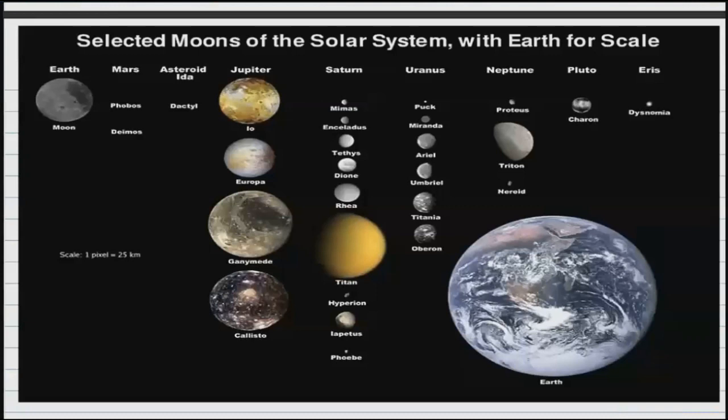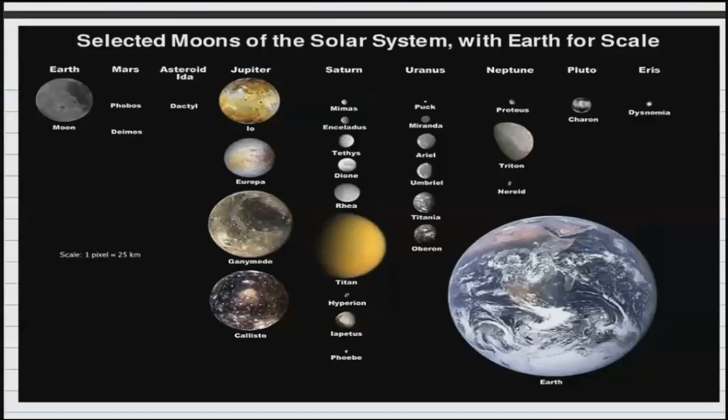And they detected for the first time waves on these oceans of methane. So this is the first time that waves have been observed on a body other than the Earth. The large satellites of Uranus, Neptune, and Pluto has a satellite, Charon, and Eris also has a small satellite.